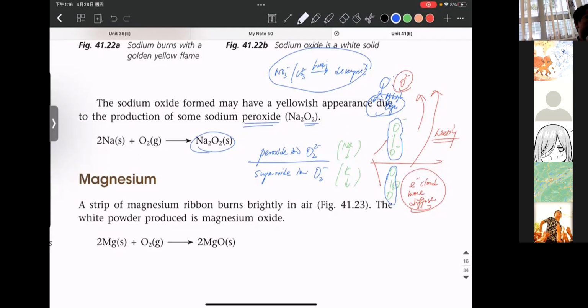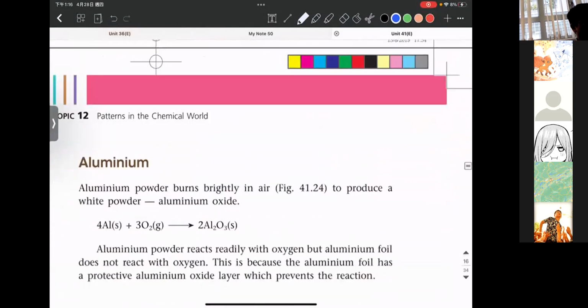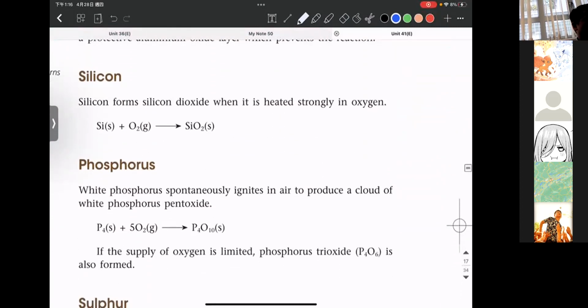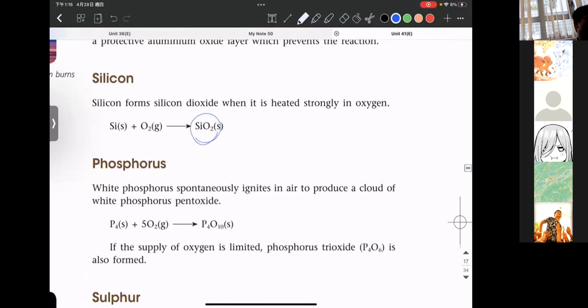Okay, if you don't understand that, don't worry. Just memorize the occurrence of peroxide found in group 1 usually. But for magnesium, aluminium, there is a low such chance. Just memorize that first of all. But for silicon, the oxide is SiO2.